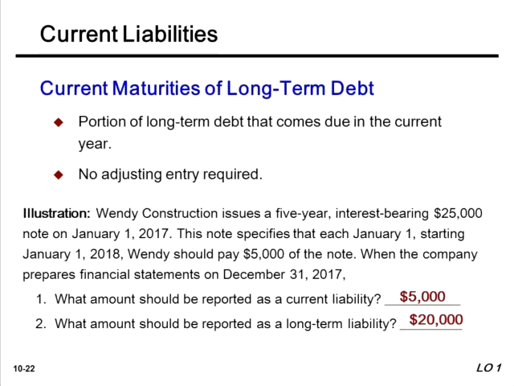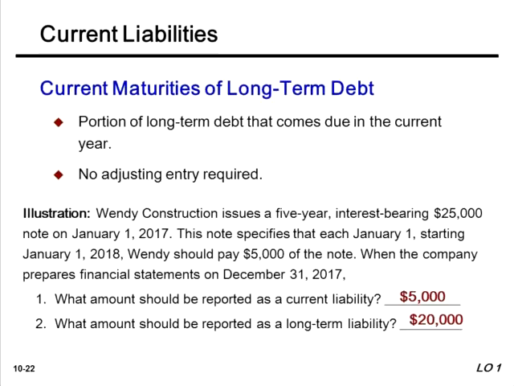So if we look at our example, Wendy Construction issues a 5-year interest-bearing $25,000 note on January 1st, 2017. This note specifies that each January 1st, starting January 1st, 2018, Wendy should pay $5,000 of the note.